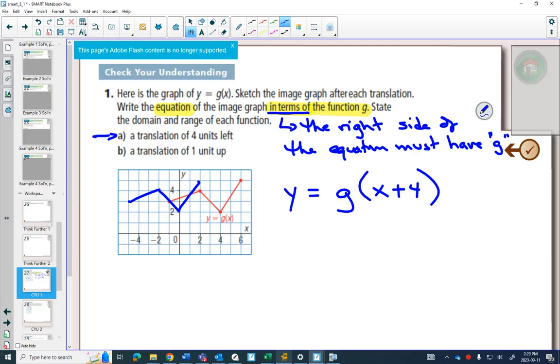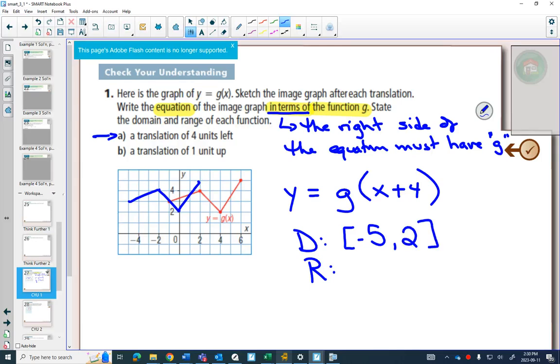And then it says state the domain and range of each function. So we're going to need the domain and range of our blue graph. The domain is your x values. Again, if you start with your smallest x value, here my smallest x value is -5, and my biggest x value on my blue graph is 2.